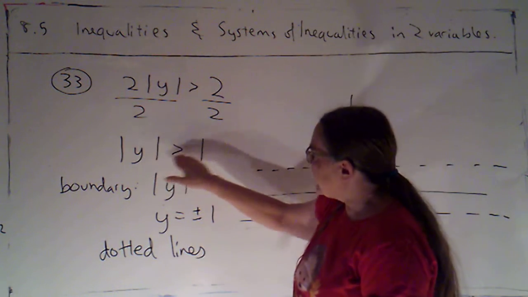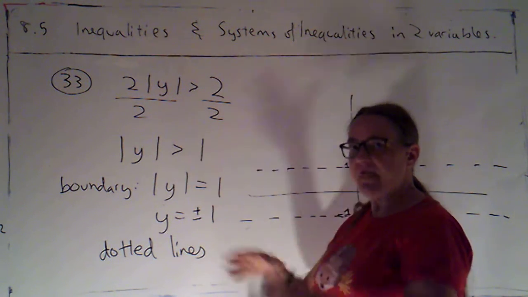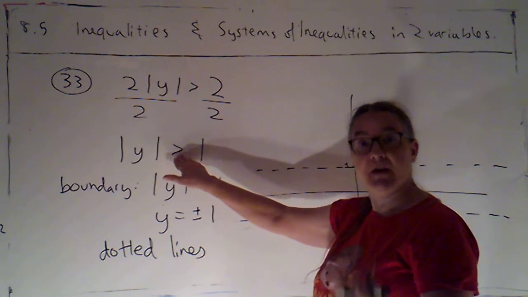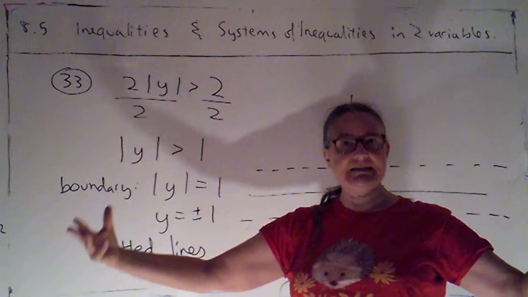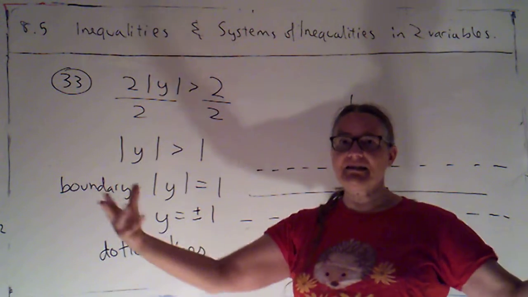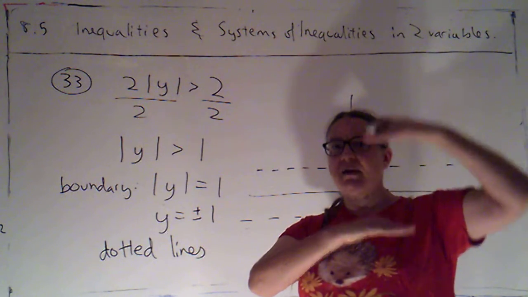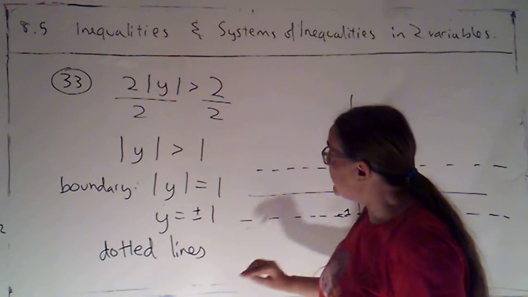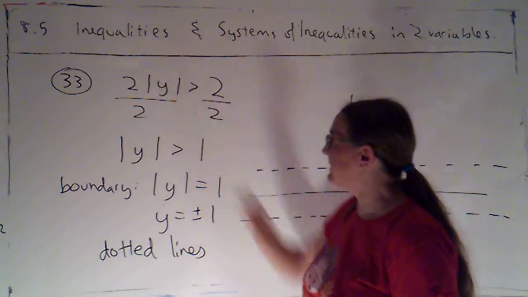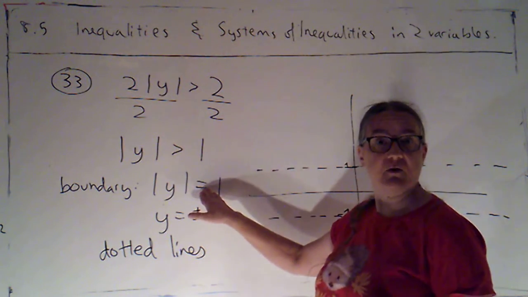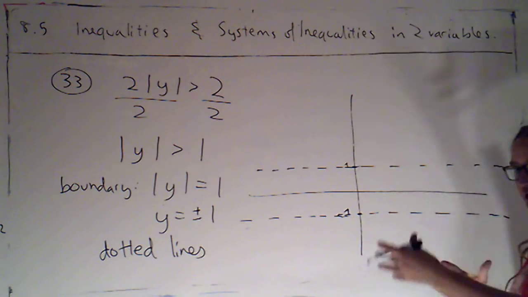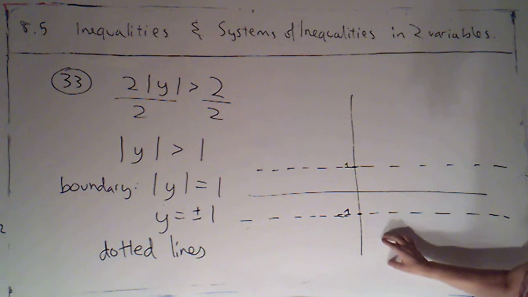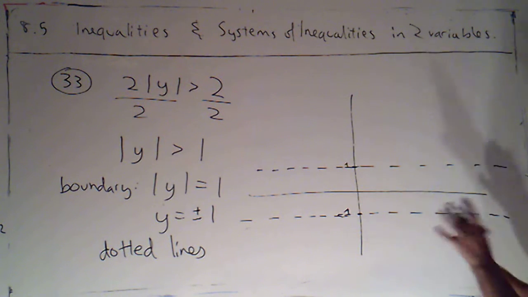I like to isolate the absolute value first. That way I can use the shortcut that when the absolute value is bigger than something, that's saying a distance is big. When a distance is big, you draw your boundaries and you want to be outside the boundaries. If you had preferred to, before you isolated the absolute value, switch to the equal sign, and you're not sure if your work would have changed the inequality, then you would need to just pick a test point from each region.